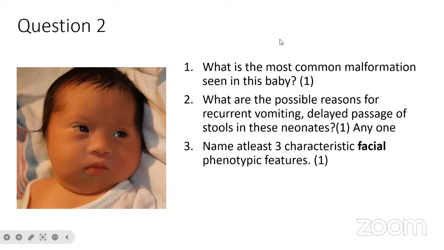phenotypic features. So Down syndrome or trisomy 21 is quite an important area which can often be asked in exams. So there are multiple anomalies that can be associated with Down syndrome or trisomy 21. You are aware of associated hematological anomalies, cardiovascular anomalies.